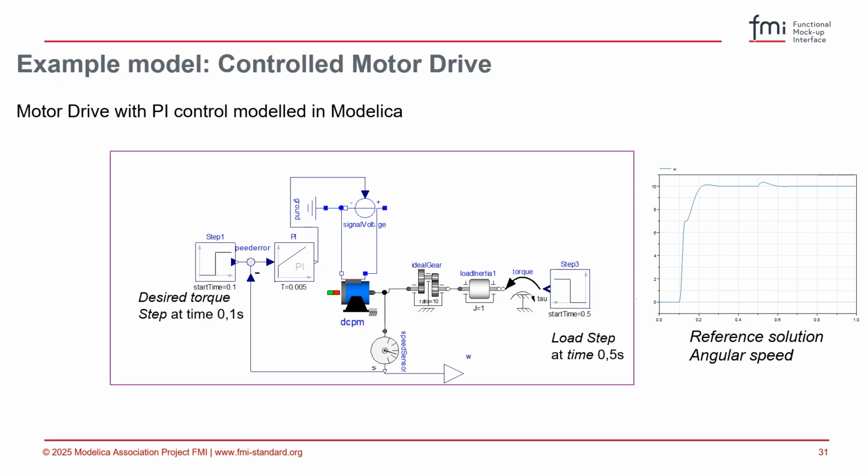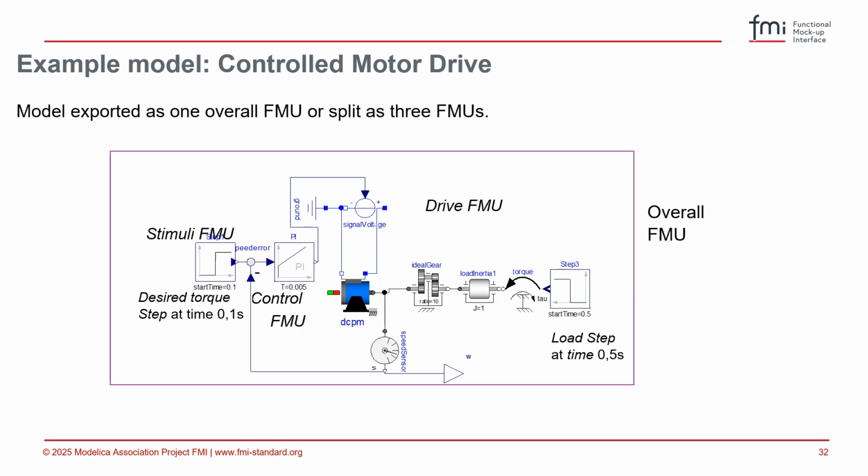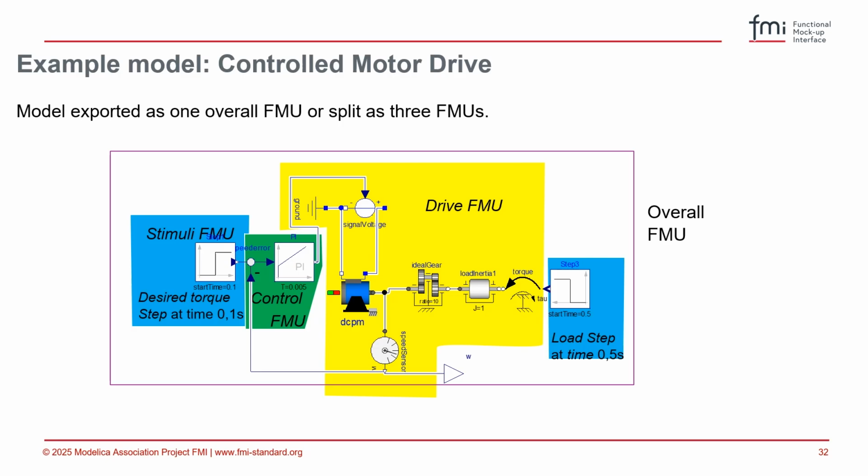So when we then simulate this as FMUs, we can have a look at this reference solution. And here is depicted how we can split this model, which we could also export as an overall FMU, in 3 different parts. So we have the physical part, this electrical machine with a driveline.